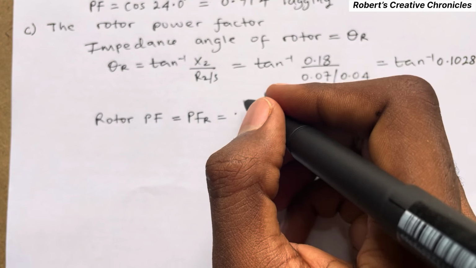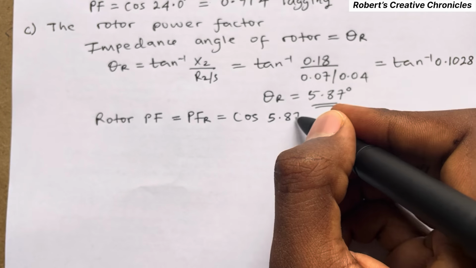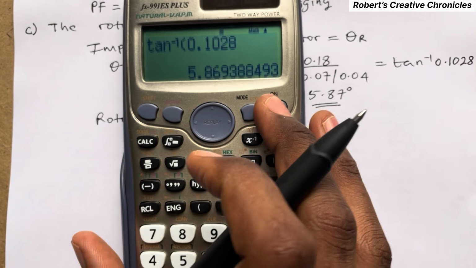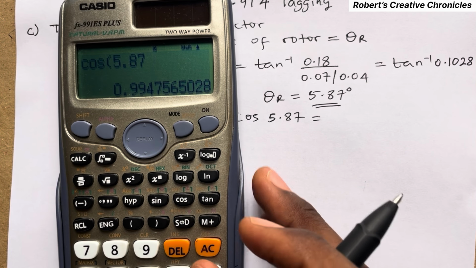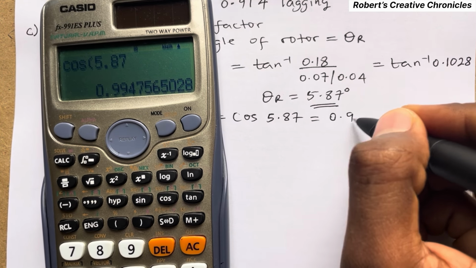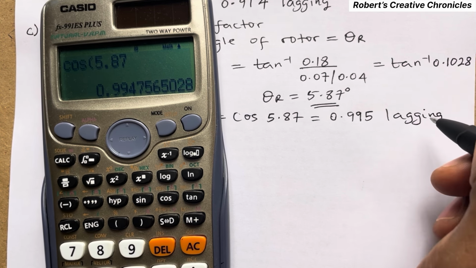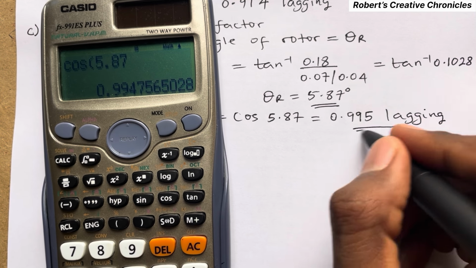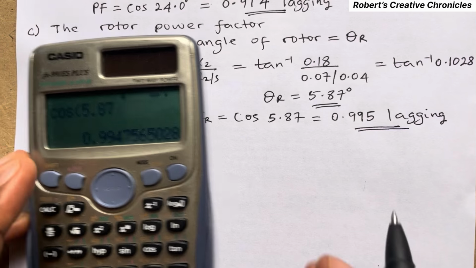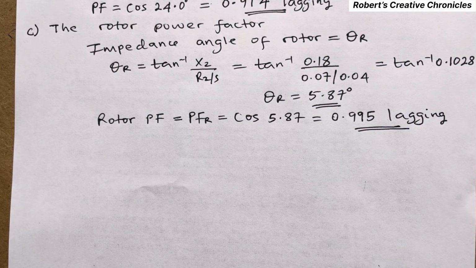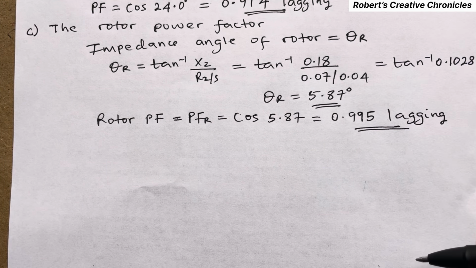This is the rotor power factor. This is cos of the angle we are going to use, 5.87. This is 0.995, lagging. So this is the power factor of the stator, and this is the power factor of the rotor, which are both lagging because it's an induction motor.